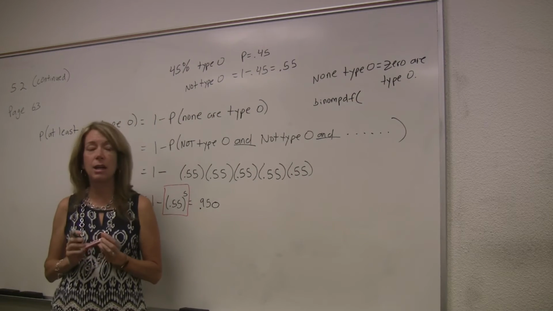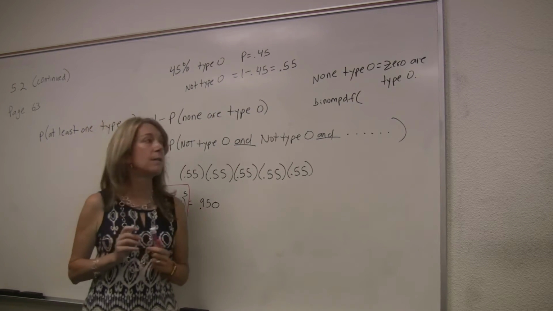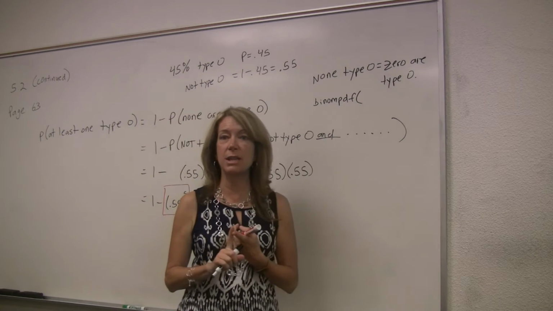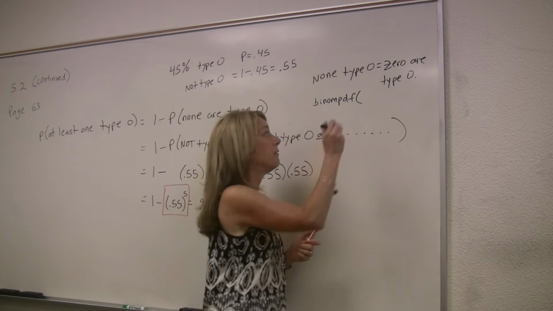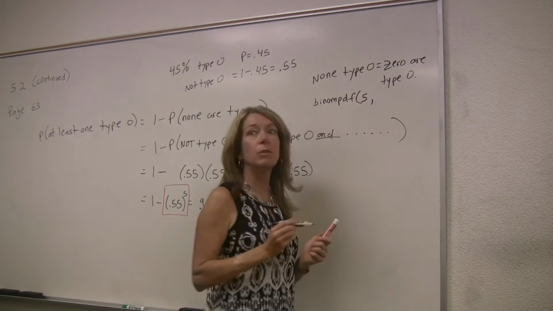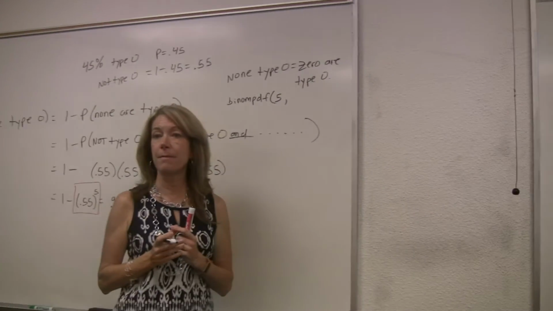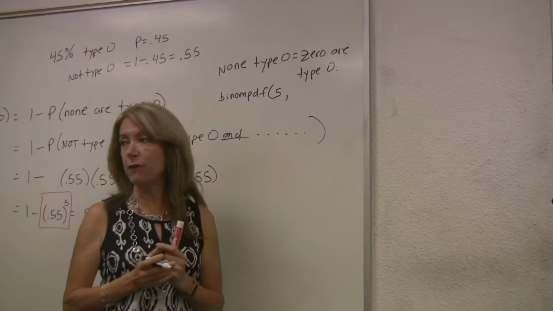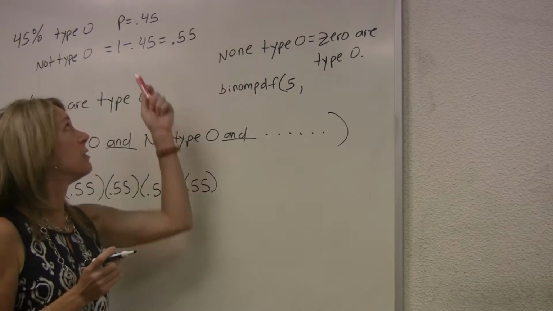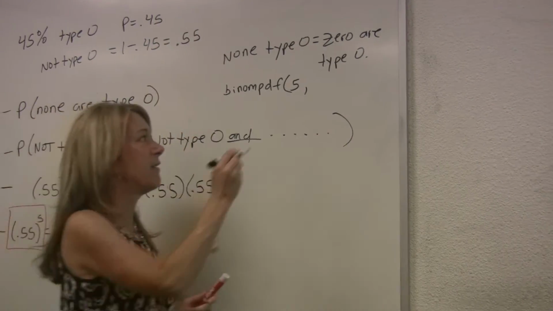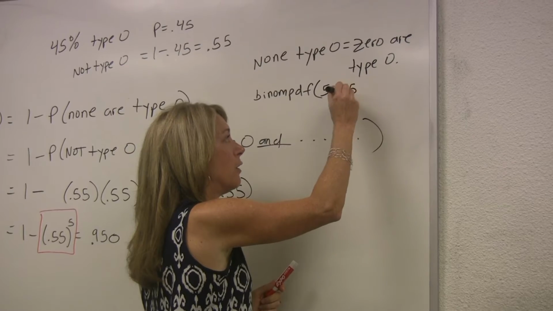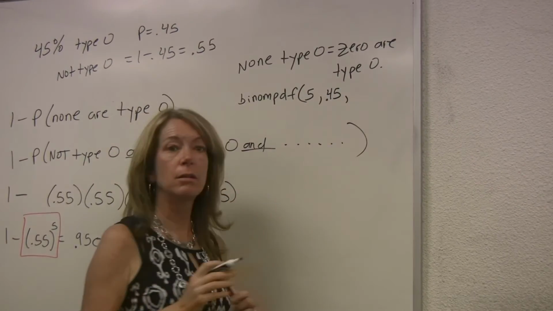And what would I put in there? n comes first, so what's n in this case? 5. What's the p? It's the 0.45, because we're talking about type O.